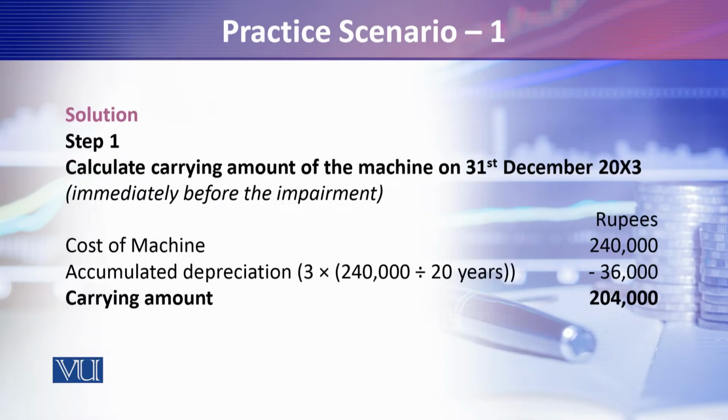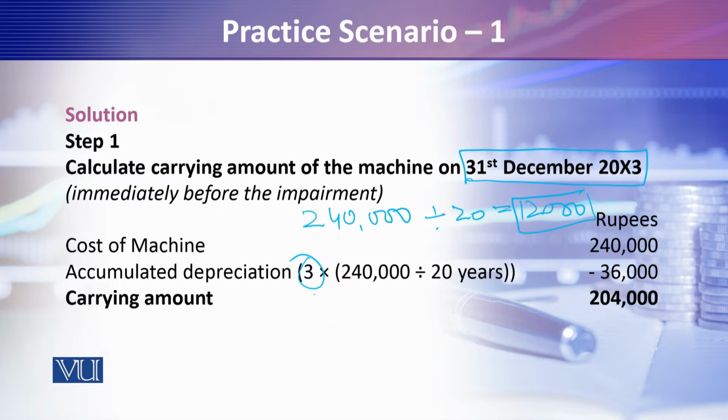Having said that, the first step in this type of scenario is that till 31st December 20x3, meaning for 3 years, we have to work out its accumulated depreciation. As I told you, you can work it out orally by dividing by 20, you will get 12,000 as its depreciation charge for 1 year.